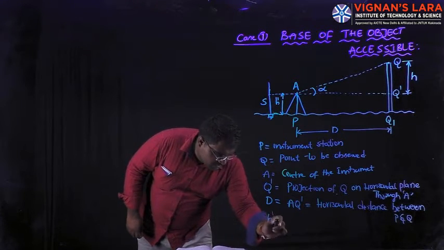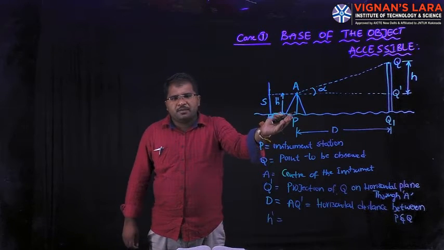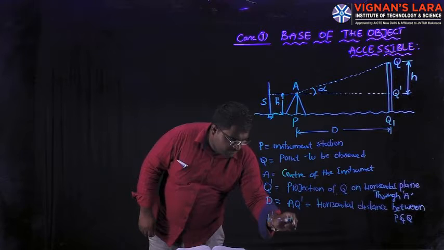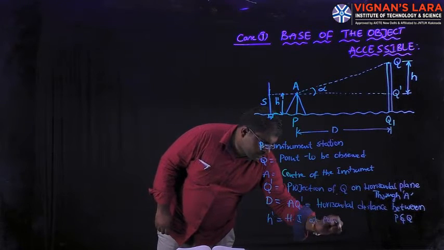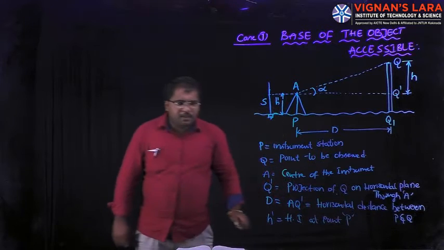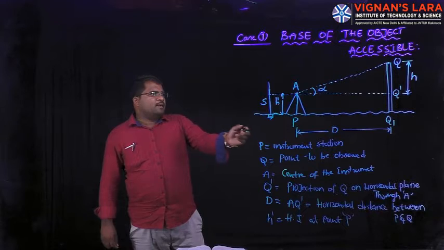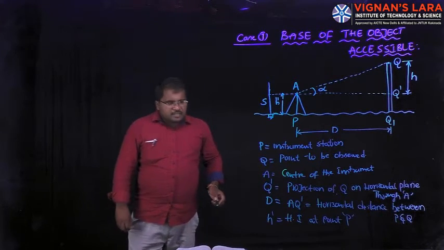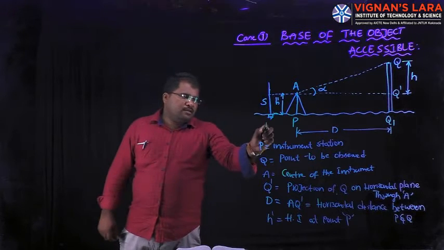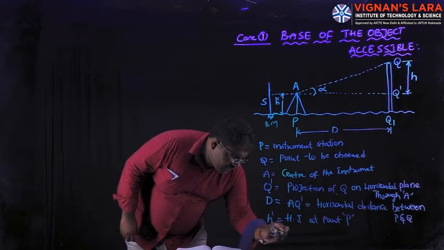What is meant by H dash? H dash is the height of instrument at the particular point P. Next, what is remaining? We have S. S is the staff reading at the benchmark.